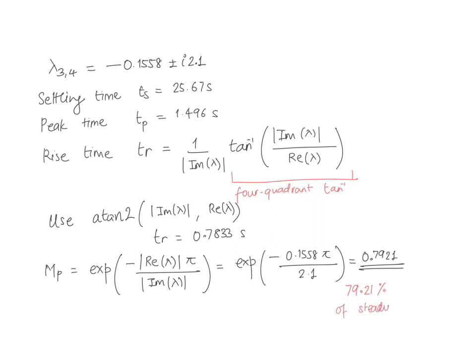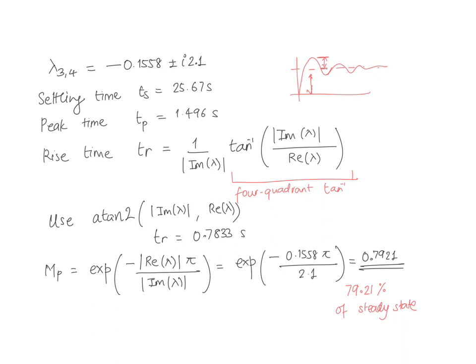Okay, so what this means is, remember how we had the peak overshoot that looks something like this. That's a terrible picture. Something like this. So compared to the steady state, this bit is 79% higher. So that's a very large overshoot. It's saying that if this quantity is 1, then the overshoot is almost 0.8.